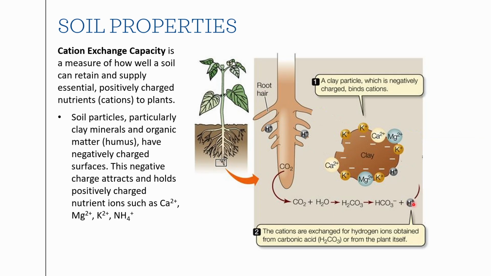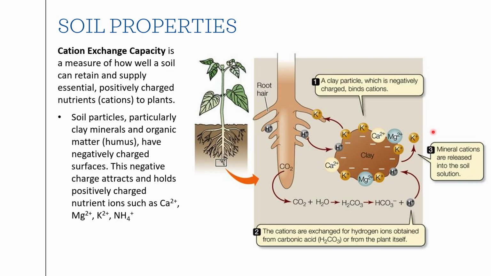So that then allows the exchange of one proton to kick off one of the important positive cations that the root hairs need. So they basically offer a hydrogen through chemistry and then absorb the liberated positive cations. This is why it's called a cation exchange capacity.